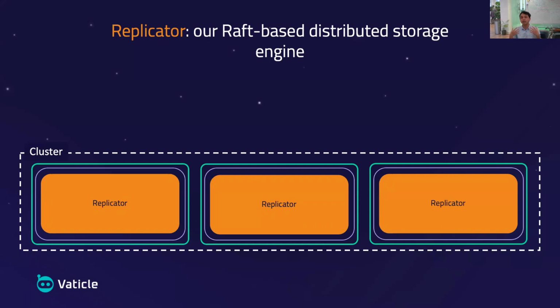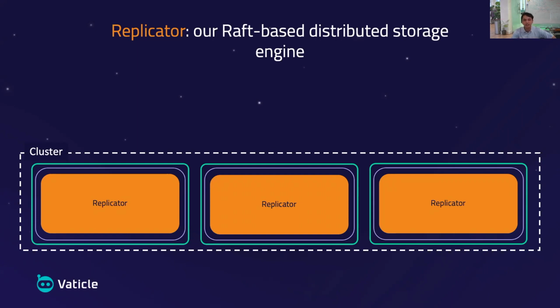Therefore, it allows you to replicate the data in a safe and reliable manner, and also in a way that is quite efficient. So this engine allows us to run multiple instances of Cluster on different servers and be sure that if one of the servers goes down or if the network gets disrupted, it won't result in an inconsistent state. We can be sure that the data stays in sync between one another.